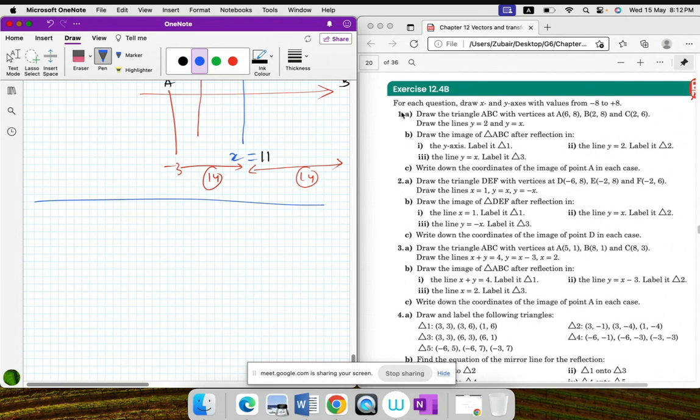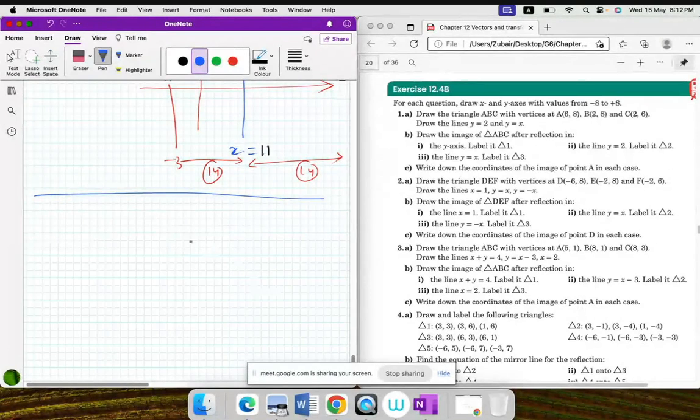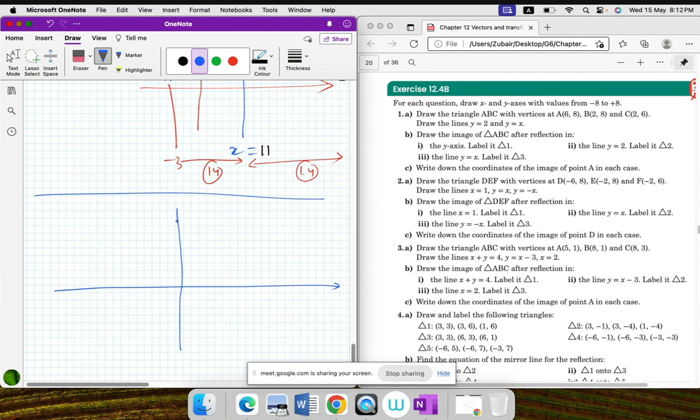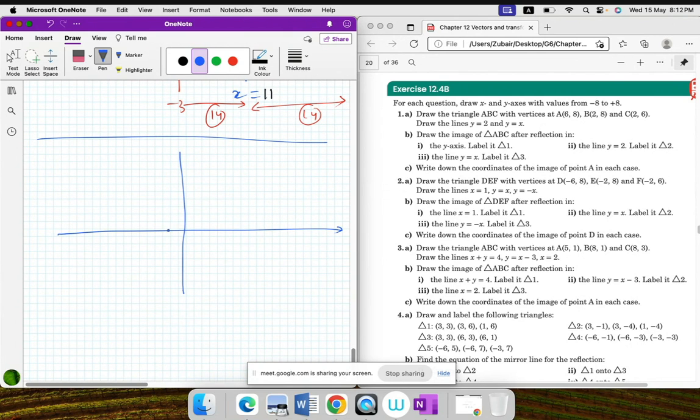Yeah, I'll do. So for each question, draw x and y axis ranging from -8 to 8. So I'm going to make a quick sketch. So this is -1, -2, -3, -4, -5, -6, -7, -8.